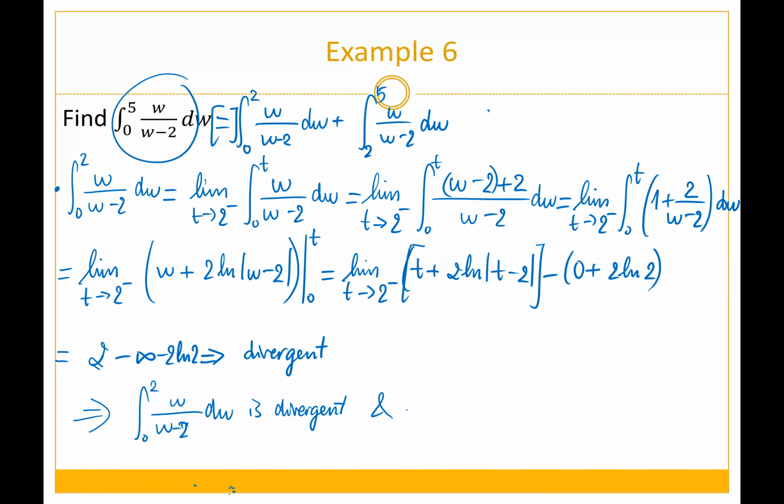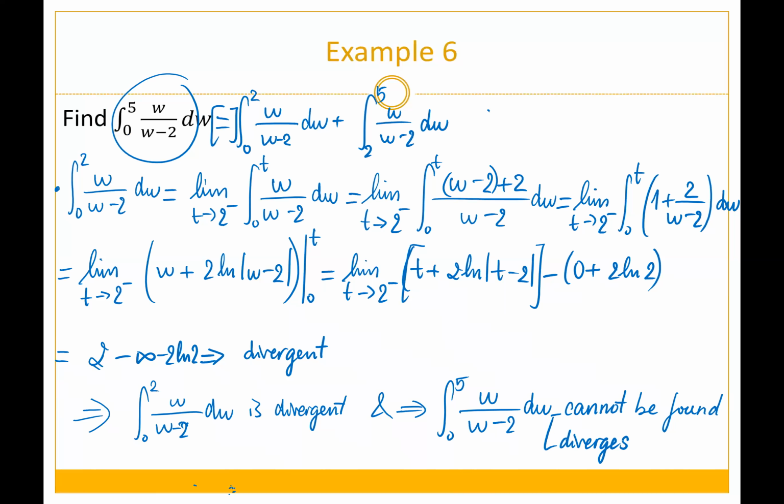And so the integral from 0 to 5 of w over w minus 2 dw cannot be found, or you can say it's divergent as well. As you go to upper level classes, you might be able to find what this value is.